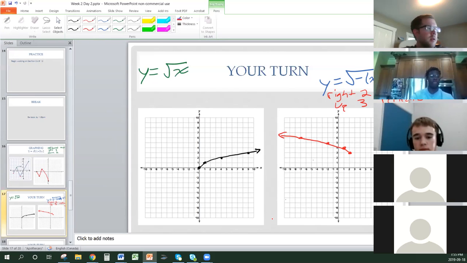Okay. So guys, you can really see how we're basically taking what you would have learned previously, because in grade 11 math you would have learned how to graph the square root x function, and we're applying these transformations to it.